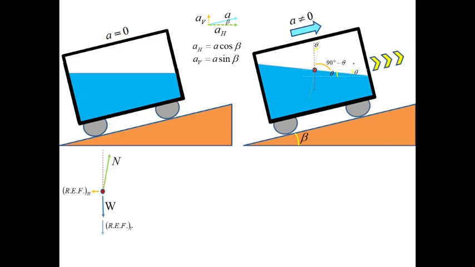Itong, let's say, line 3 and line 2. Okay? So, therefore, ito ay theta. Kung yun ay theta, ito ay theta.